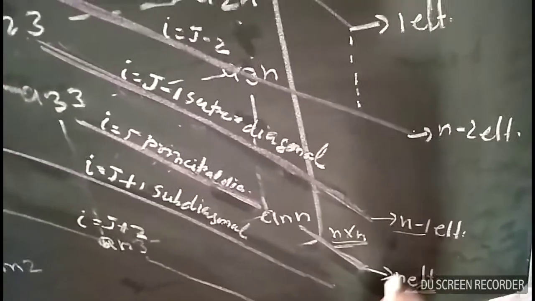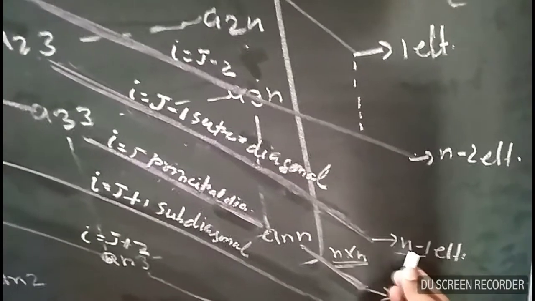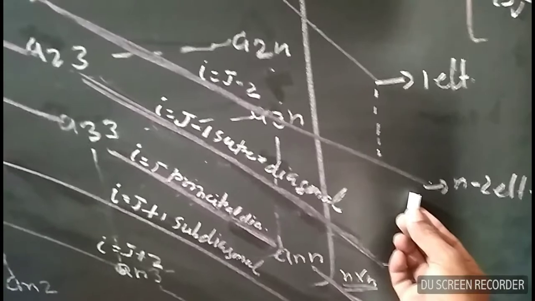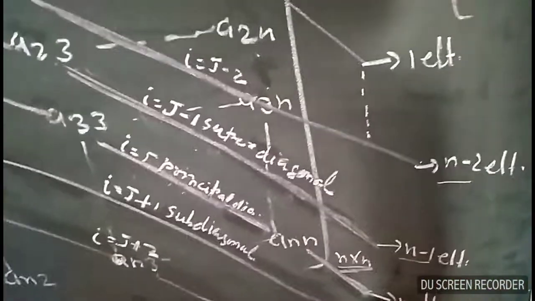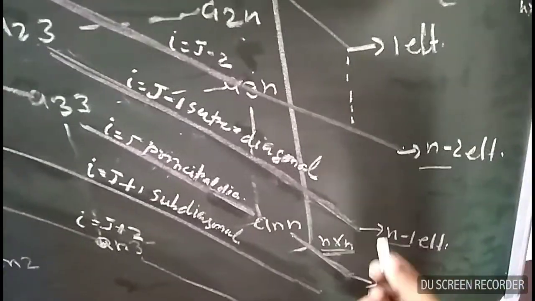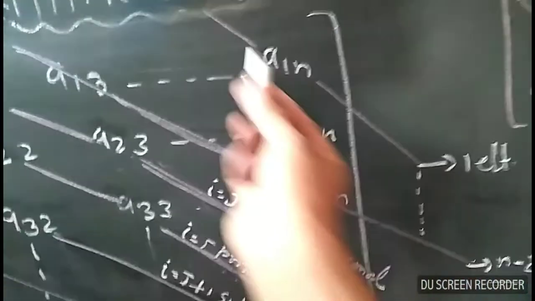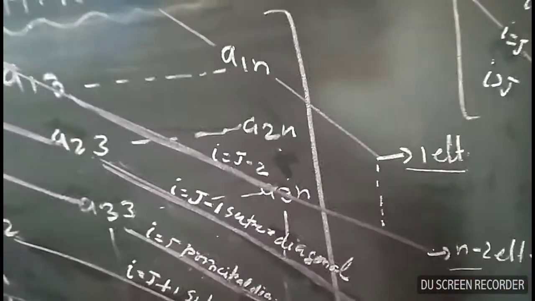That is, in the principal diagonal n elements, in the super diagonal n minus 1 elements. When we go 1 more above, we get n minus 2, then n minus 3, and so on. The last diagonal has 1 element.